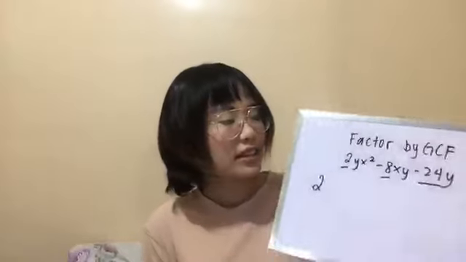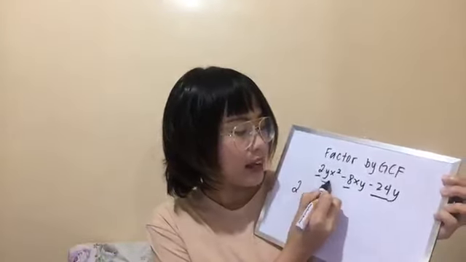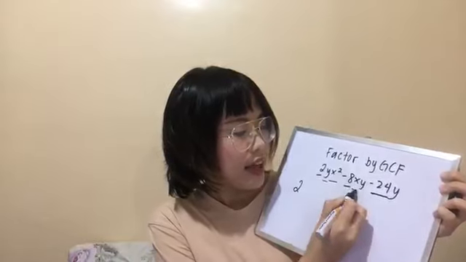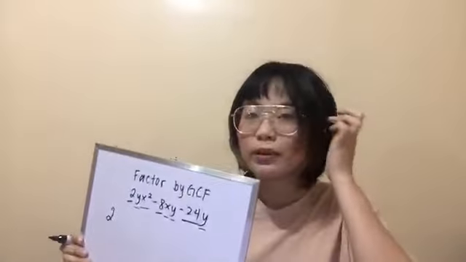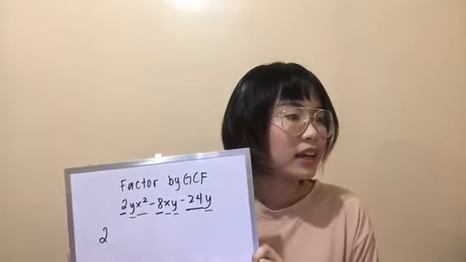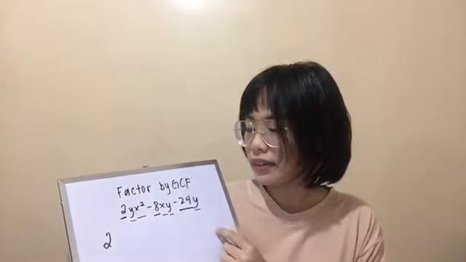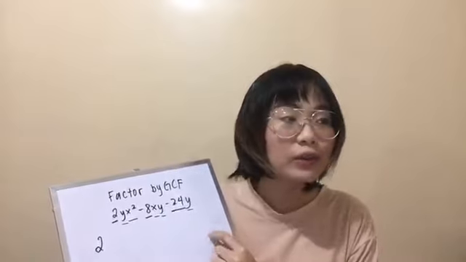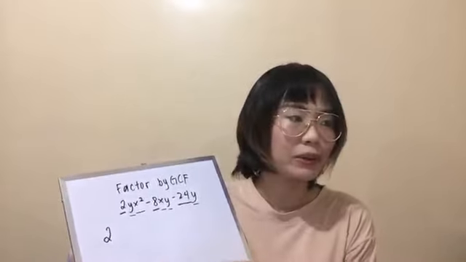And then the next thing that you're going to notice are the variables. You have y and two x's here, x and y here, and the y here. What's in common with all three of them? The first one was x squared, the second one is without x squared, and the third one is y only. Which letter do they all have in common?